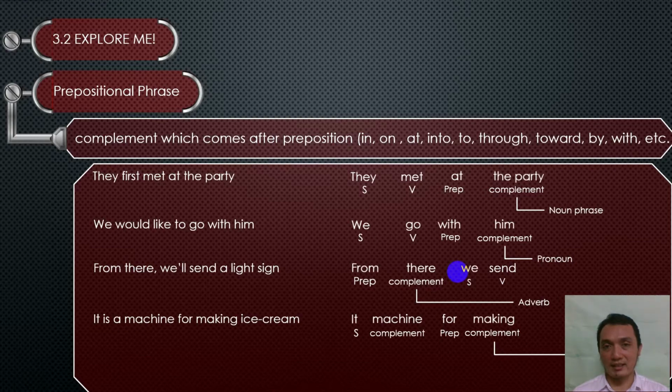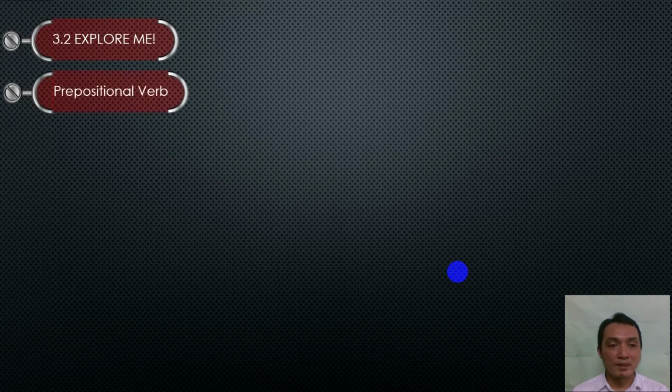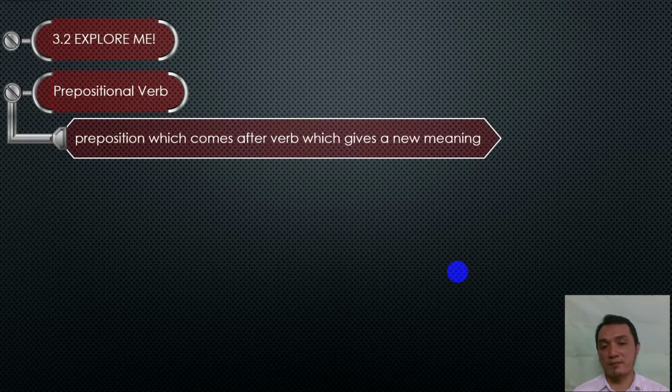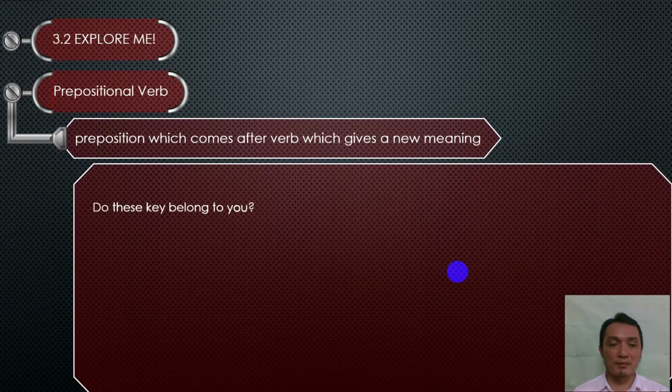Next, we discuss the prepositional verb. Before, we talked about prepositions, and now this is called a prepositional verb. A prepositional verb is a preposition which comes after a verb and gives a new meaning. This is the example: Does this case belong to you?